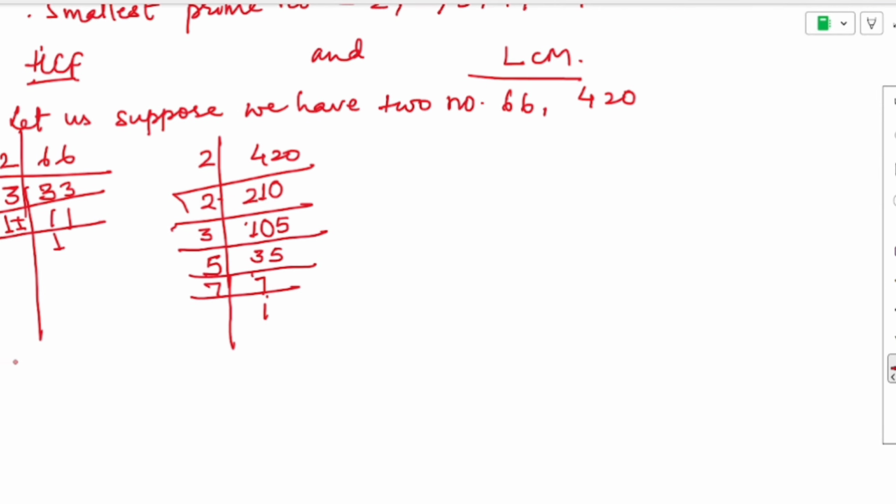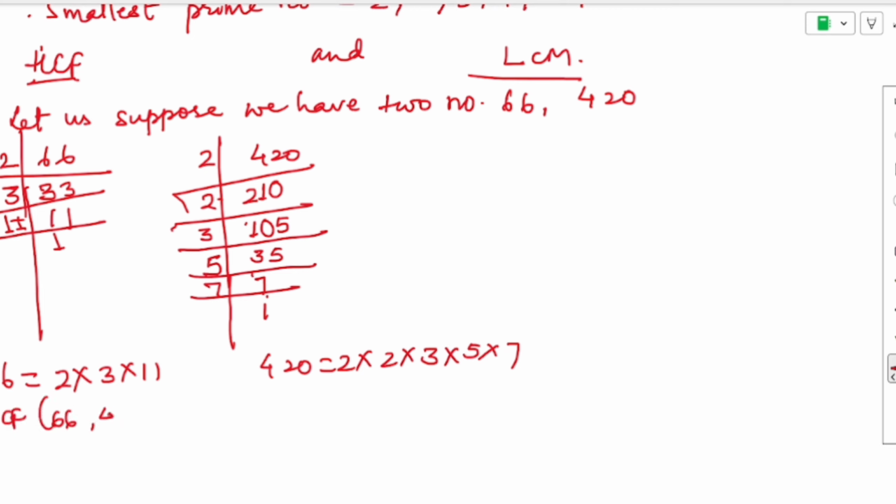Now I am writing here the prime factors of 66, that is 2 into 3 into 11, and of 420, 2 into 2 into 3 into 5 into 7. Now we have to calculate the HCF of 66 and 420. What is the full form of HCF? Highest common factor.